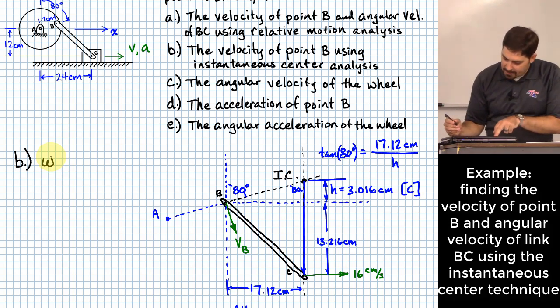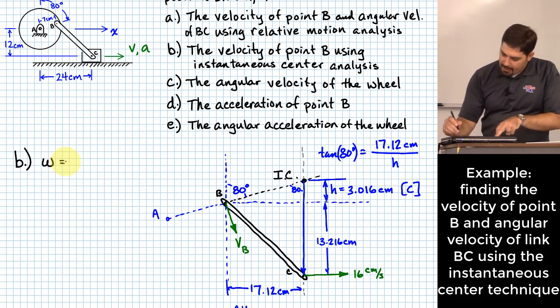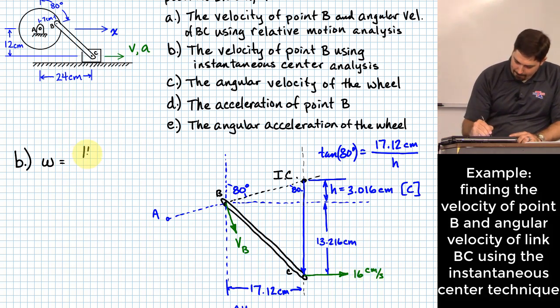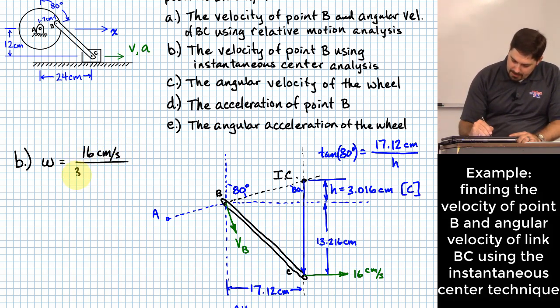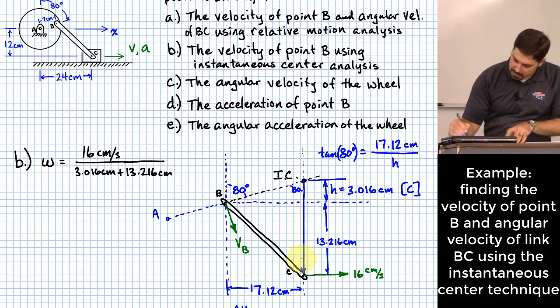So my angular velocity is just going to be equal to my linear velocity of 16 centimeters per second divided by that length, which is just going to be 3.016 centimeters plus 13.216 centimeters. This is the angular velocity of link BC.